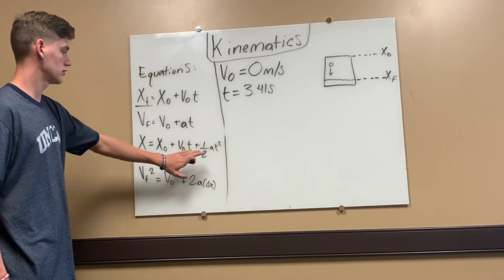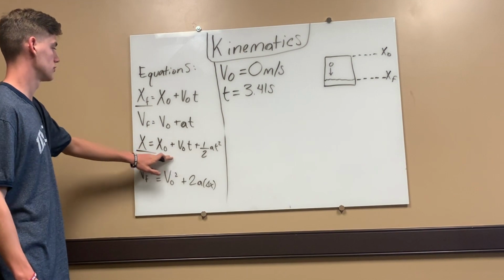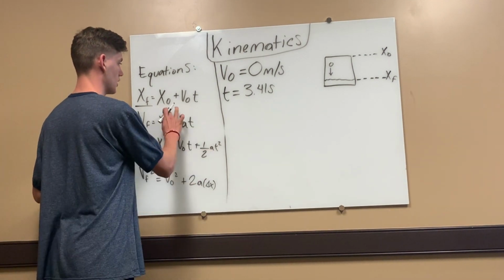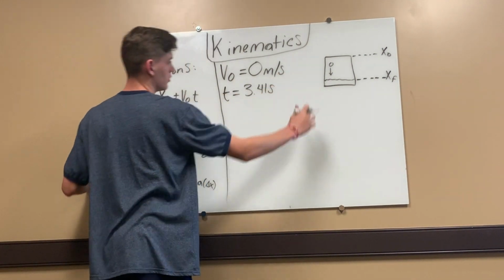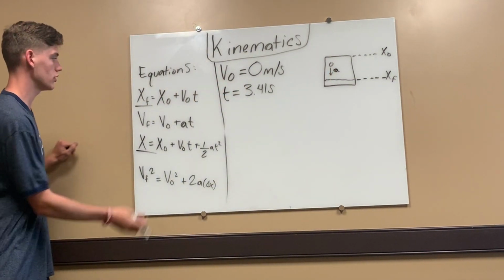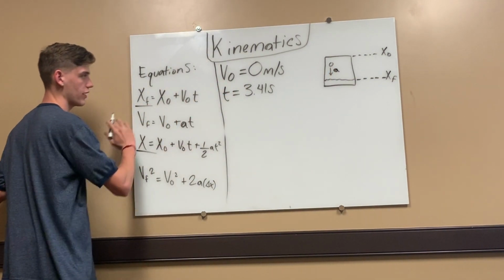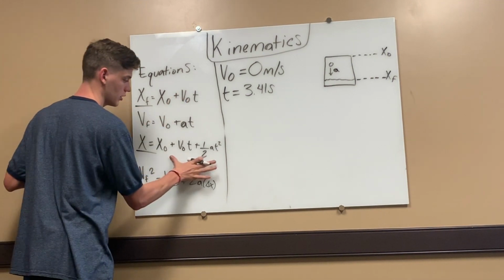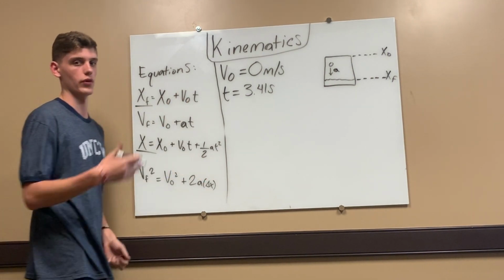In this case, we want to use this equation, because since it's in free fall, it has an acceleration downwards. If we used the other equation, we wouldn't have an a to work with. Here we have an acceleration.